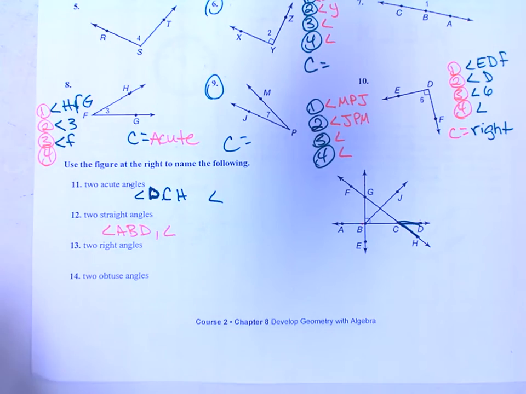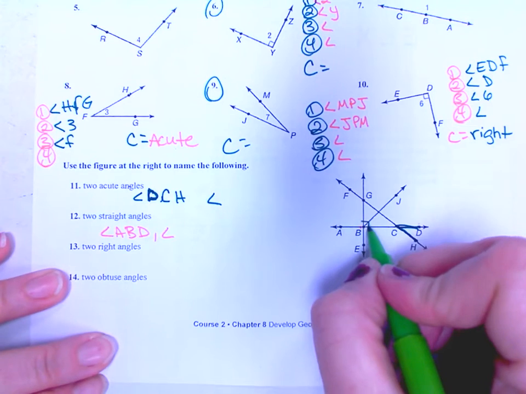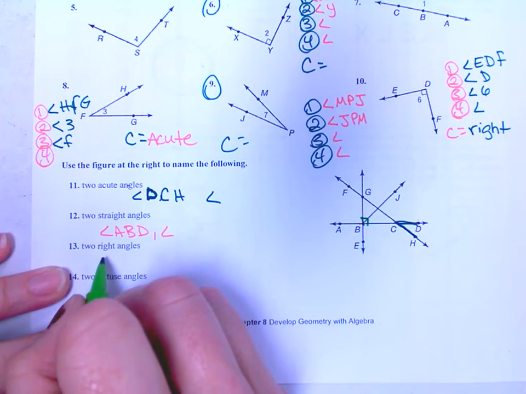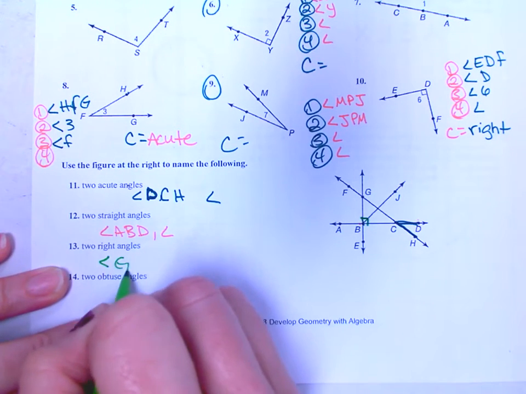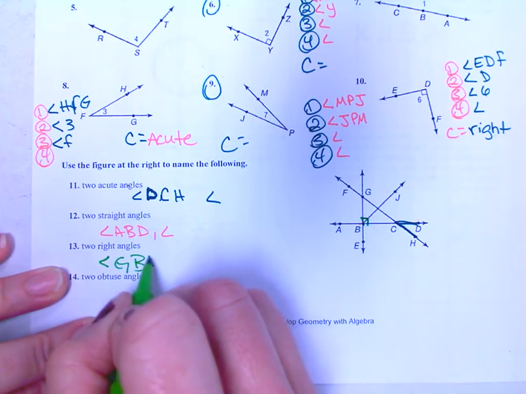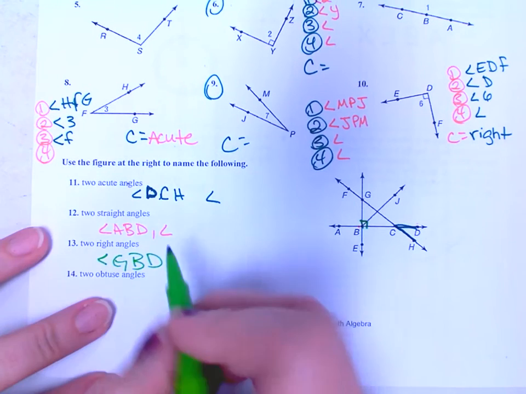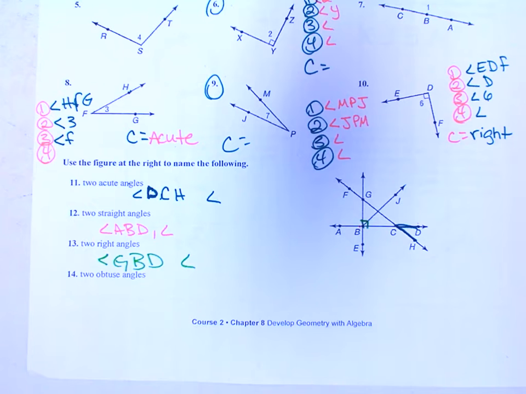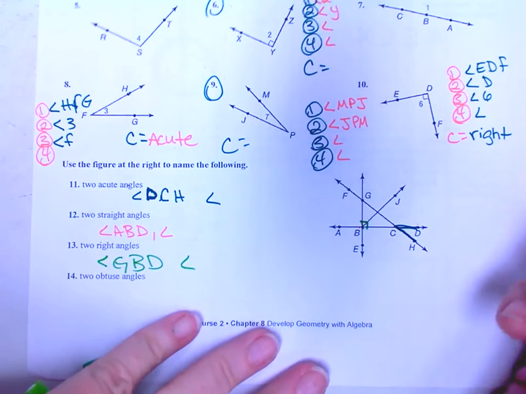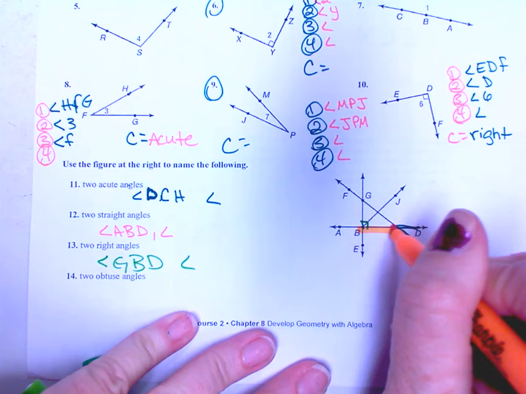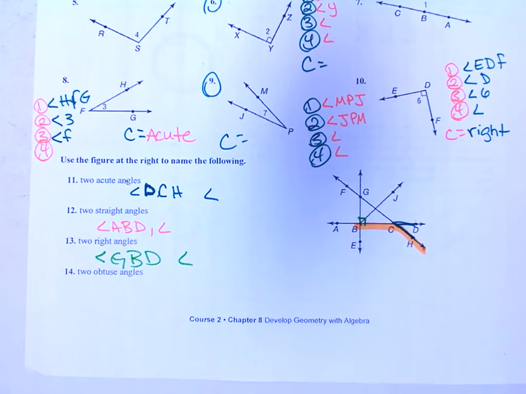And then list another one. Two right angles. There's my right angle sign right there. So angle GBD. But there's another one too. And two obtuse angles. This one was kind of harder for you guys to find. I see a big one right there.